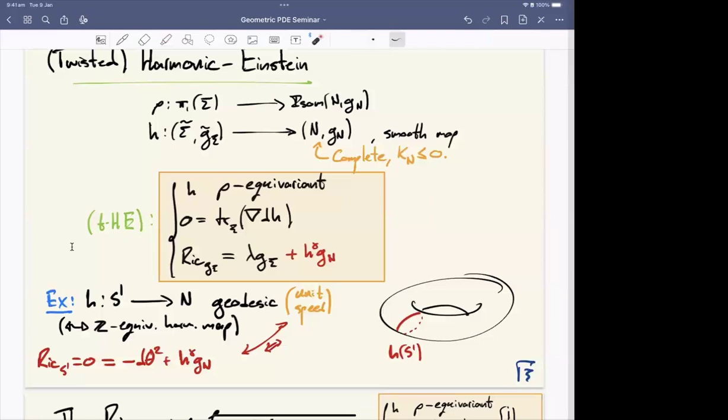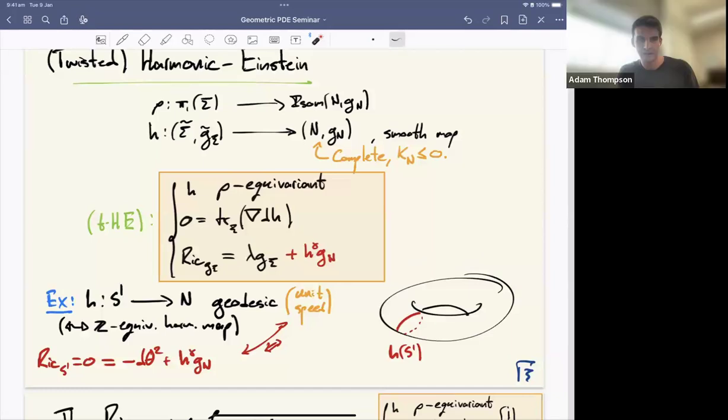And I've got a question, if you don't mind. Yeah. Looking at this twisted harmonic equation, roughly speaking, when you go in to try and solve this equation, what are the things that you're supposed to know ahead of time, and what are the unknowns that you're trying to solve for? How much data are you supposed to prescribe ahead of time here? Okay, sorry, I should have said this.